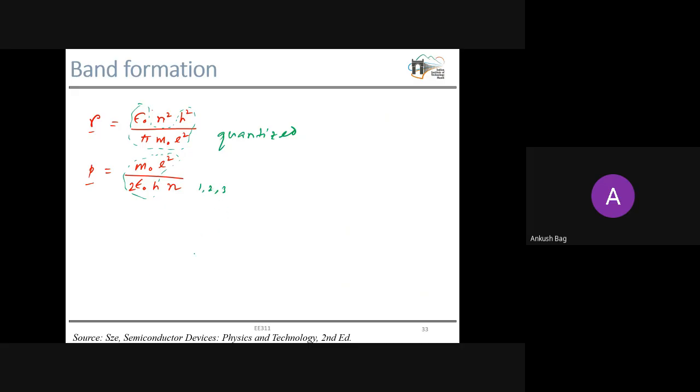So now, let me write this down. For quantization to happen, this electron needs to be bounded. And when these electrons are bounded, not free particles, they have negative total energy.